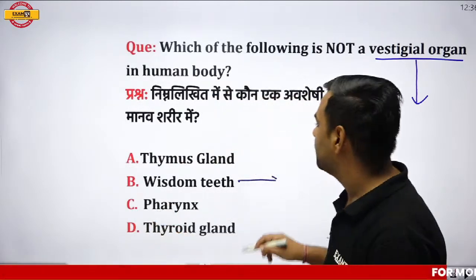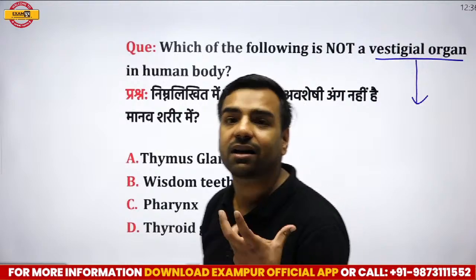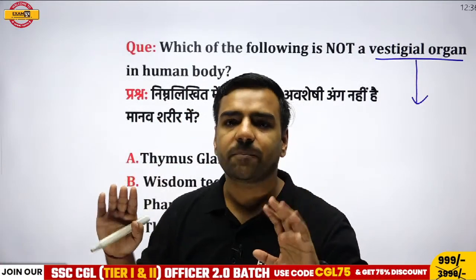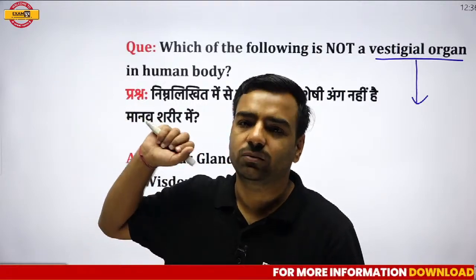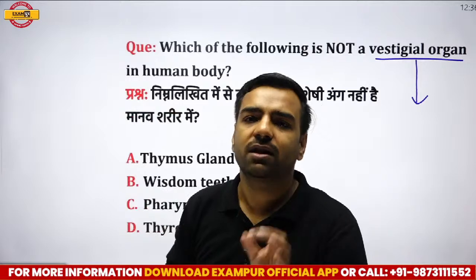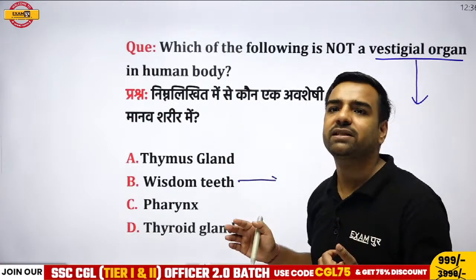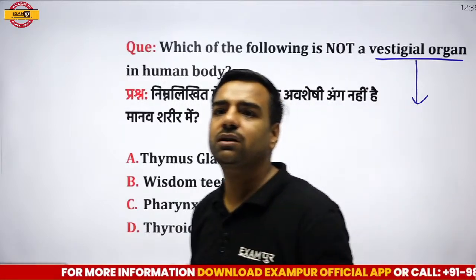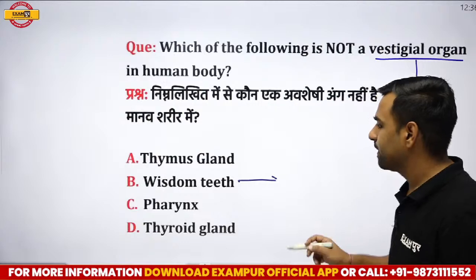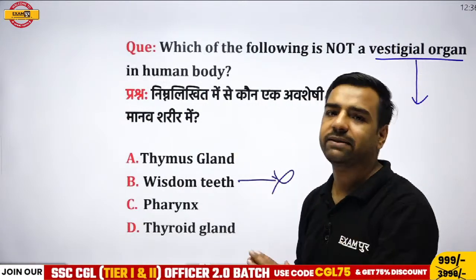In a similar manner, the wisdom tooth, the last one which comes after a particular age, is of no importance. That's why we say it is a vestigial organ. So wisdom tooth, appendix, tail are vestigial organs. Totally correct.